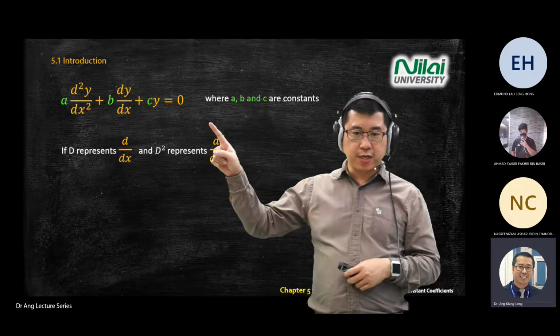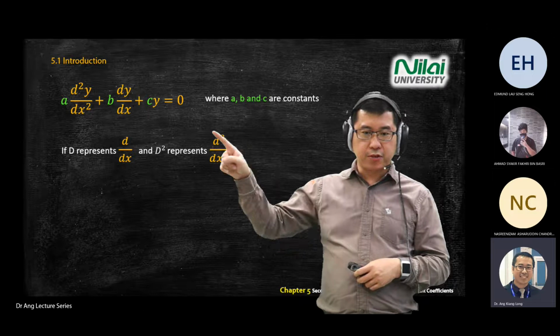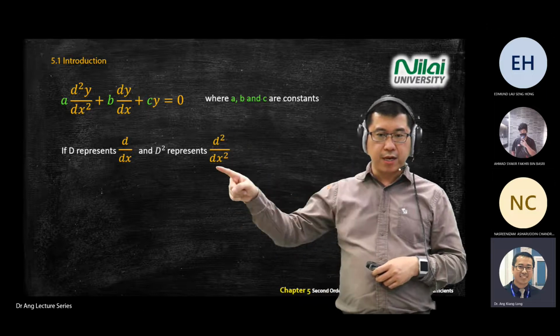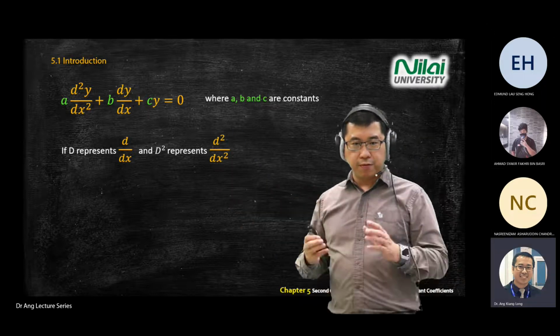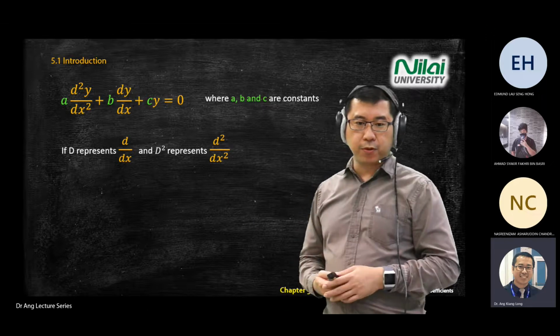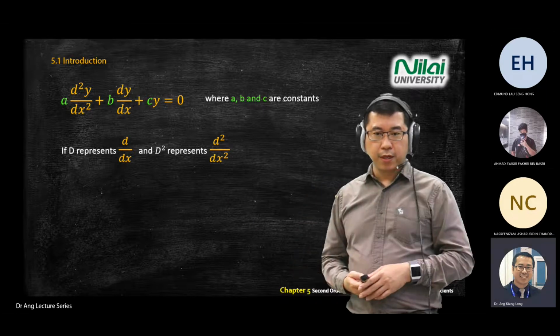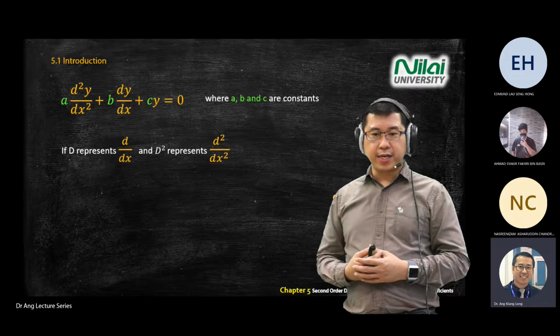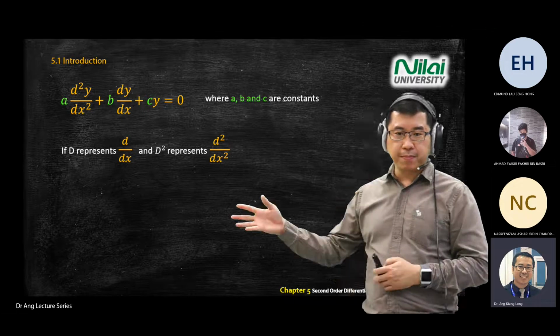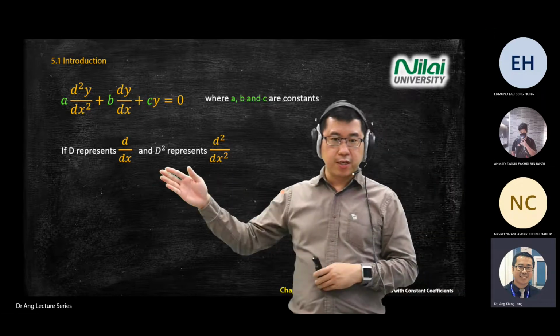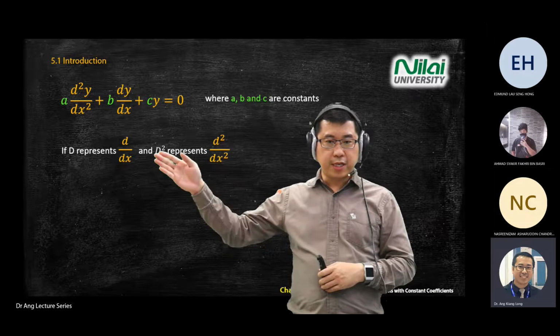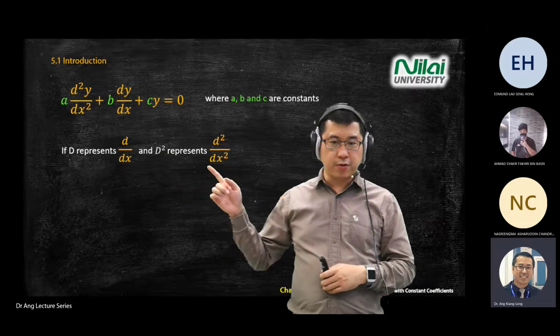This is the notation for this module. Of course, in the test or exam, you can still use the same, because I'm teaching you this. So you can use D and D squared to represent this.